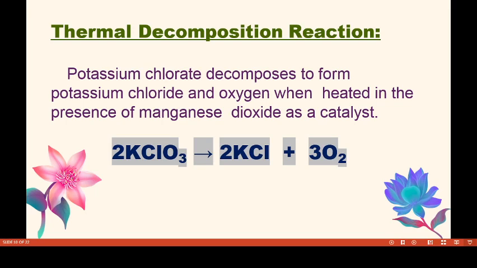It decomposes to form potassium chloride and oxygen when heated in the presence of manganese dioxide as a catalyst. The main process here is applying heat.